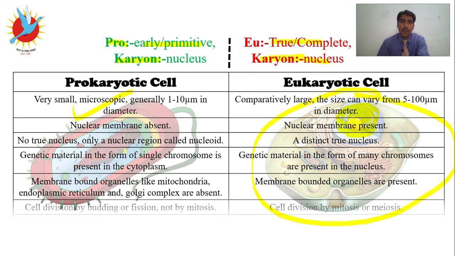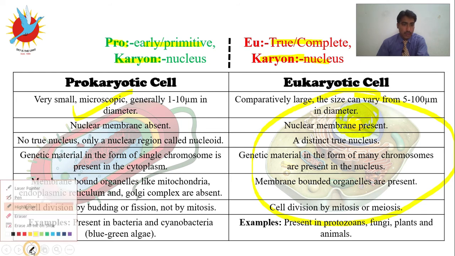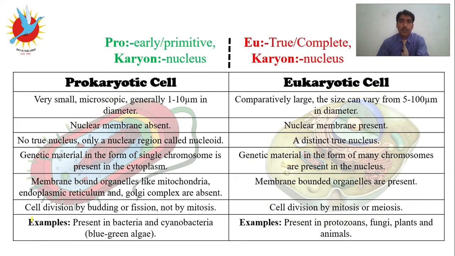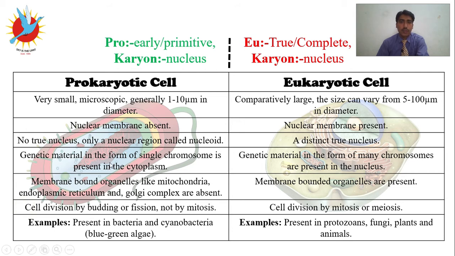Here is a table listing various differences between prokaryotic and eukaryotic cells. One by one we are going to discuss these differences. Prokaryotic cells are very small, microscopic, generally 1 to 10 micrometers in diameter.